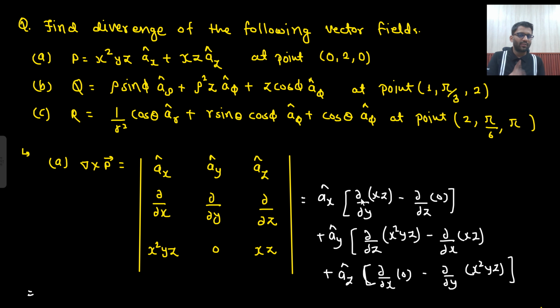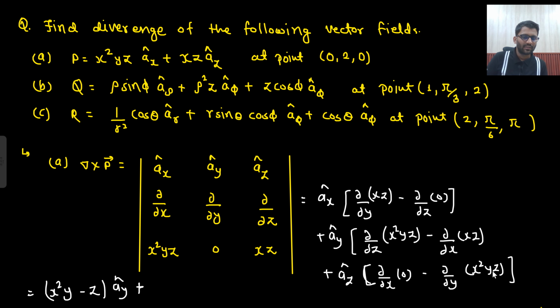So what are you going to get? 0 minus 0, this will be 0 only, no? Del by del y x is 0, differentiation of 0 is 0. The ax cap term is gone. What about ay cap? x square y minus z will come common, minus z ay cap, plus this is 0.